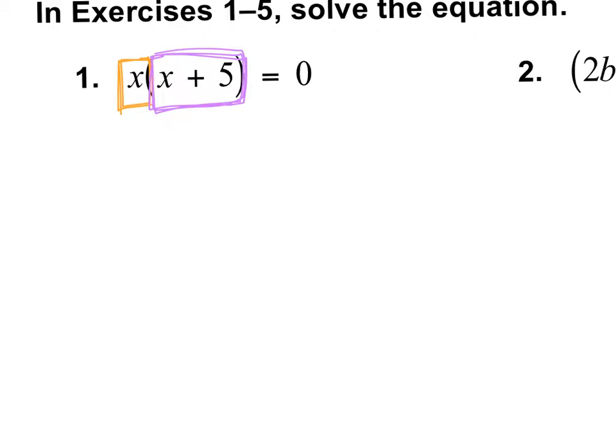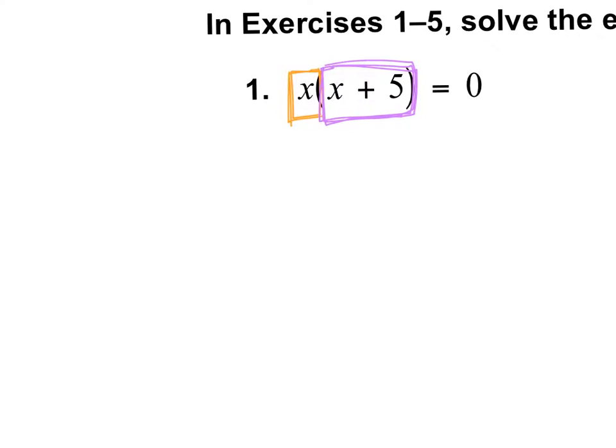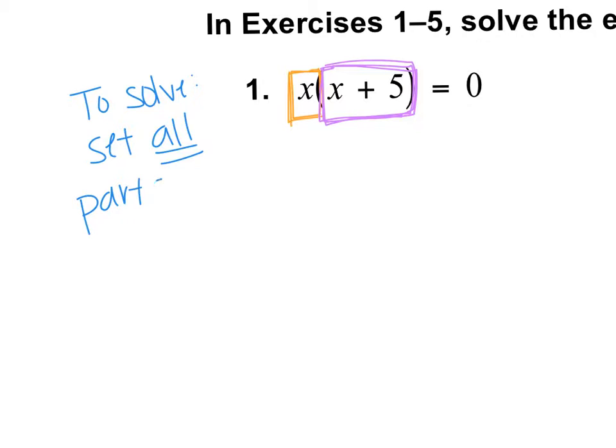All right, make yourself a little note off to the side over here. To solve, set all parts equal to 0. Okay, so in order to solve these, we have to set every part that we come up with equal to 0.